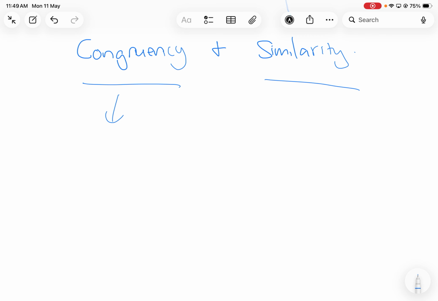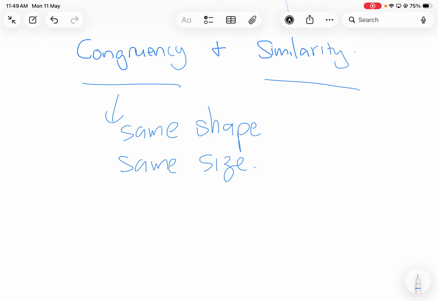Congruence means same shape, same size. Similarity means same shape, different size. Okay? So whether it is congruent or similar, it is same shape.